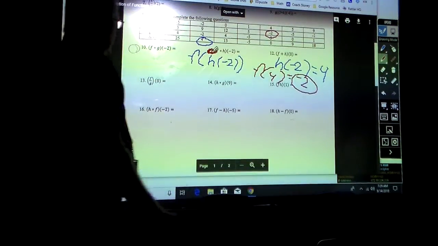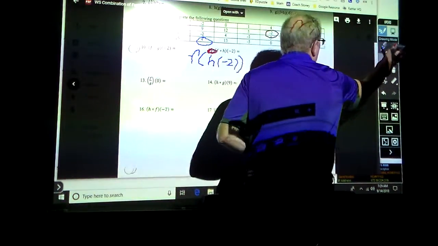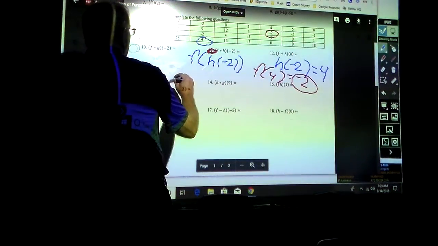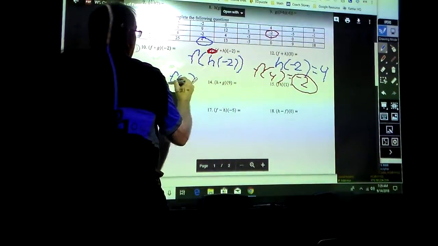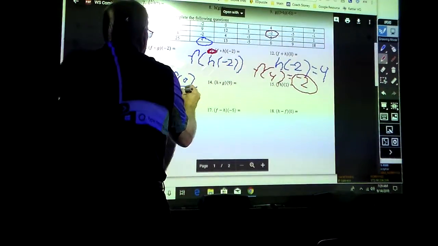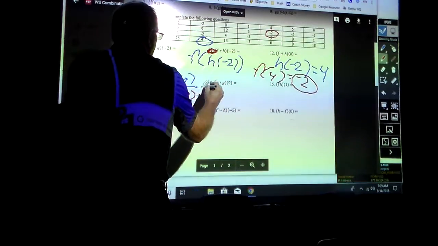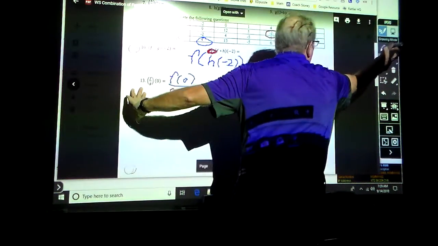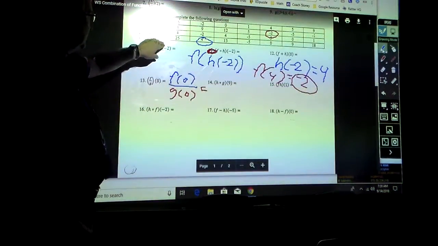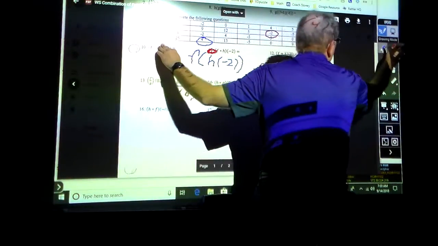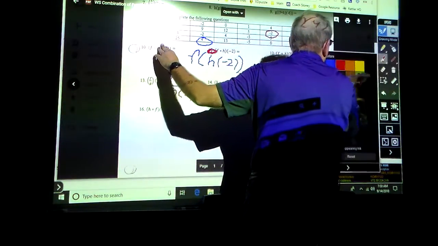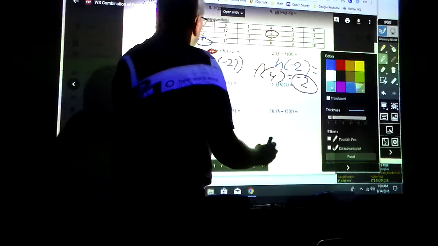All right? So now let's try 13. 13 is a little bit different. This is saying basically you're going to take f of 0 and divide it by g of 0. So what I want to do is this. Let's find f of 0. Now I should have probably erased those from right there. So I'll tell you what, let's do this in a little different color, just so we can do this right here.